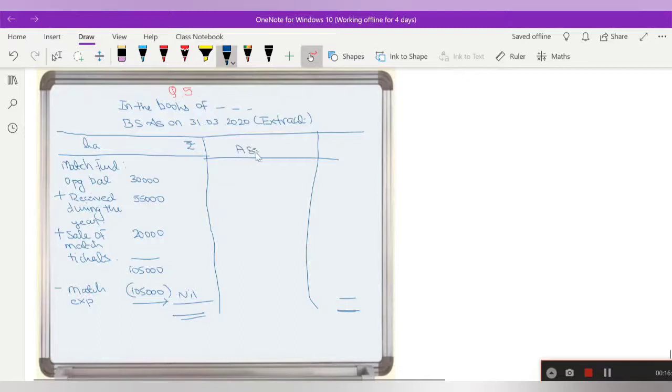This is your asset side. It won't tell you anything, it is just an extract. Now for this point, match expenses is 1,10,000, but we are deducting only 1,05,000. Match expenses to the extent of only 1,05,000 can be adjusted, right?